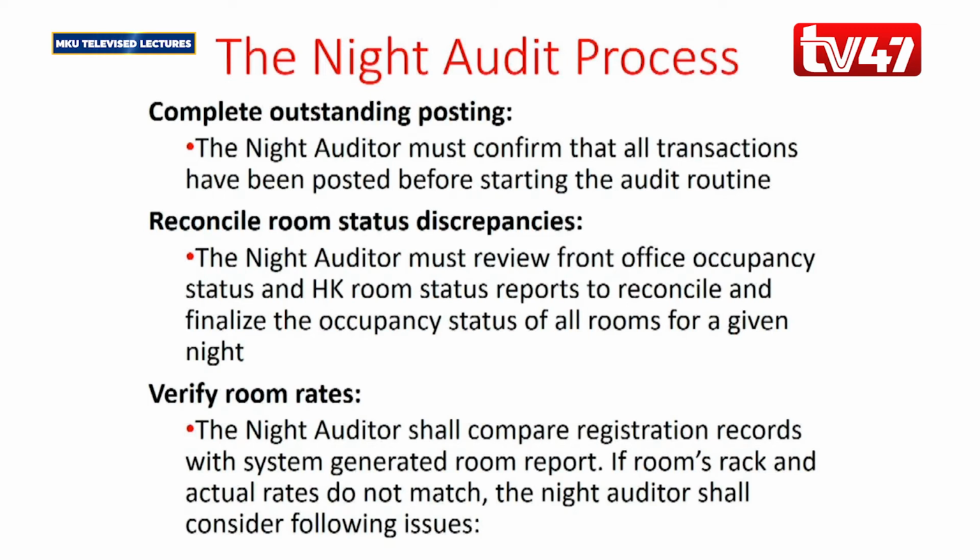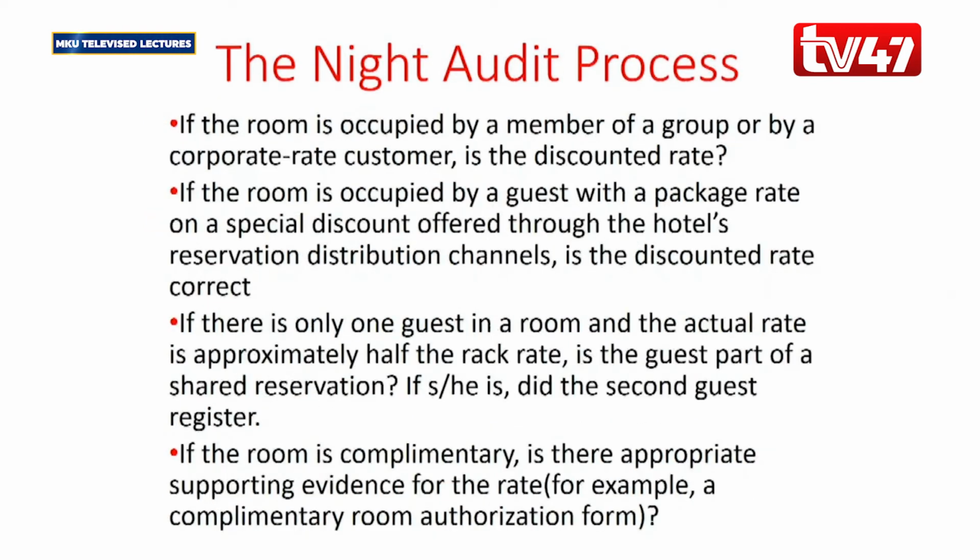In the event that the room rack rate and the actual rate posted do not match, the night auditor will consider several areas to try to explain why these two are not matching. The first thing the night auditor will do, in the event the room is occupied by a member of a group or a corporate rate customer, is check whether that rate is actually a discounted rate.